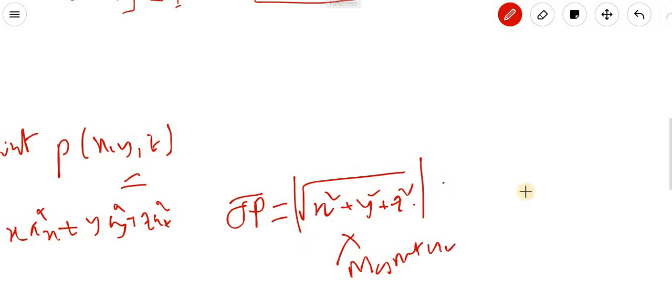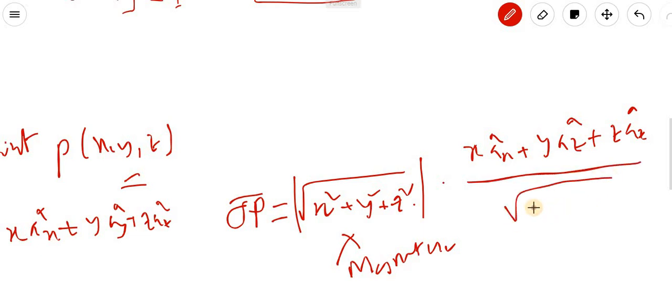Now the direction will be x ax plus y ay plus z az, divided by the square root of x square plus y square plus z square. This is the direction.